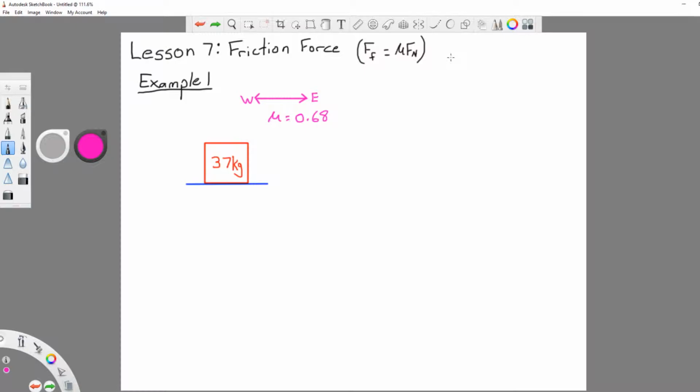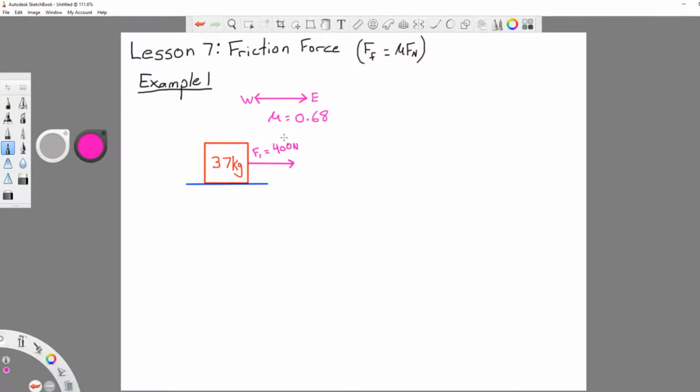So the question says we have a 37 kilo object, which I've quickly sketched here, being pulled east by a 400 Newton force. So let's sketch that on here. Here's a force. We can call it just force 1, I guess. You can get more creative if you want. It's equal to 400 newtons.